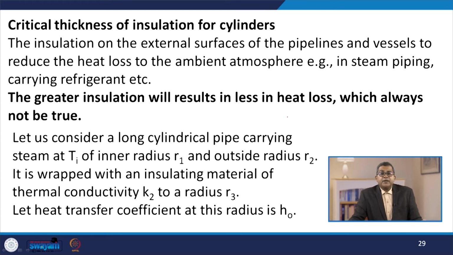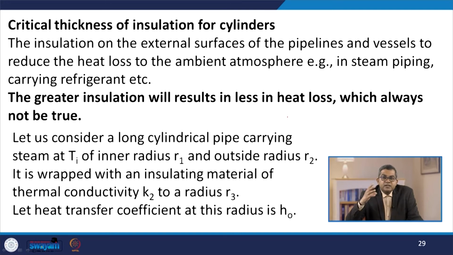Let us talk about the critical thickness of insulation for cylinder. Now for the insulation on the external surface of the pipeline and the vessel to reduce the heat loss to the ambient temperature, and that is in the steam piping carrying the refrigerant, etc. So the greater insulation will result in less heat loss, which may not always be true.